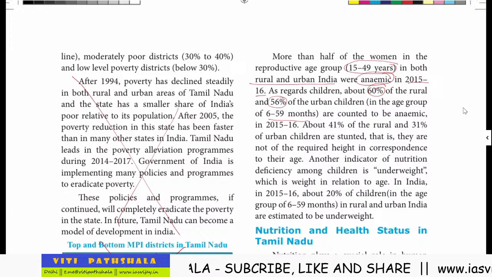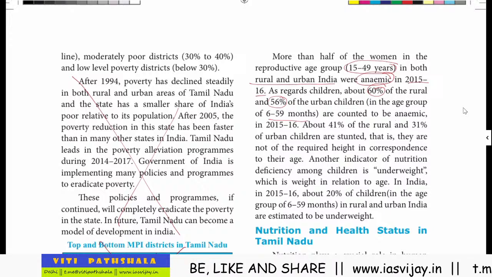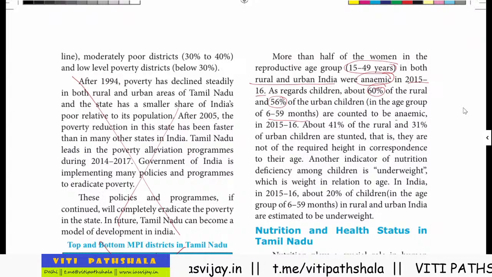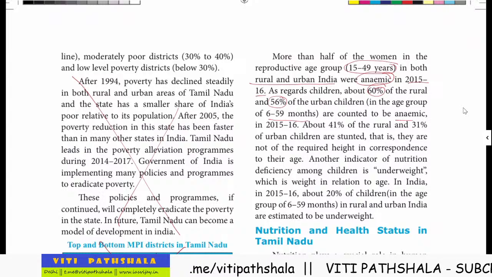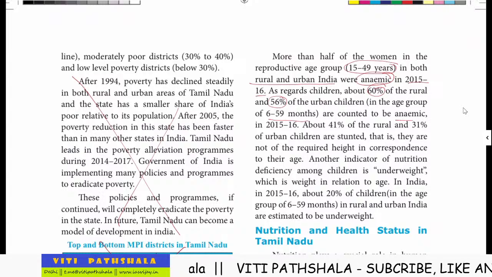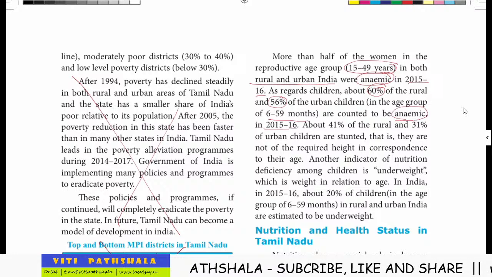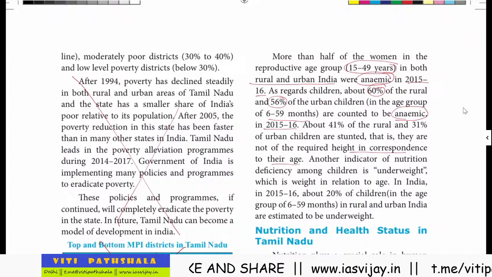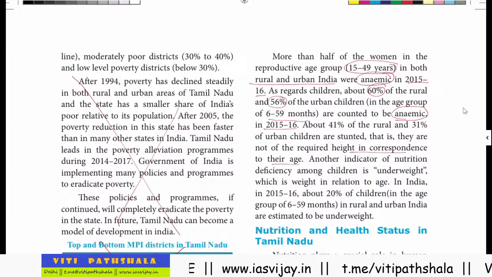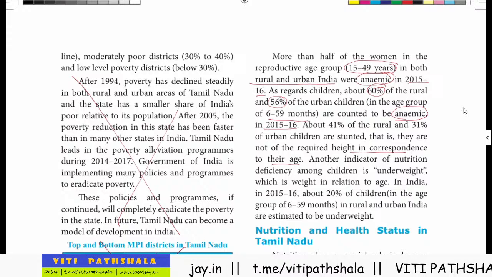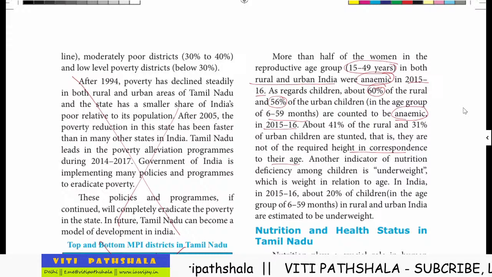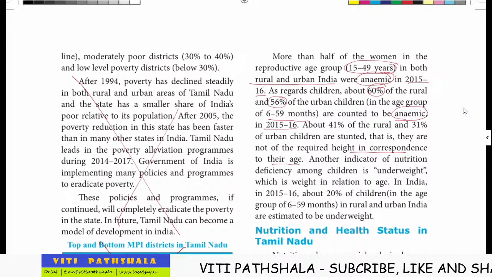In 2015-16, about 41% of the rural and 31% of the urban children are stunted, that is they are not of the required height in correspondence to their age. Another indicator of nutrition deficiency among children is underweight, which is the weight in relation to the age. In India in 2015-16, about 20% of the children in the age group of 6 to 59 months in rural and urban India are estimated to be underweight.